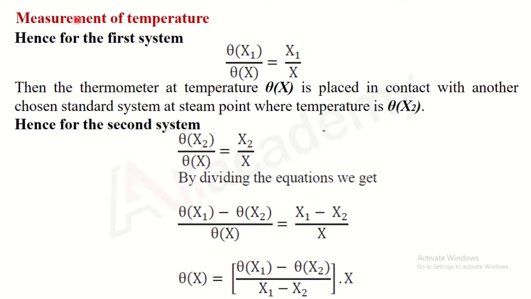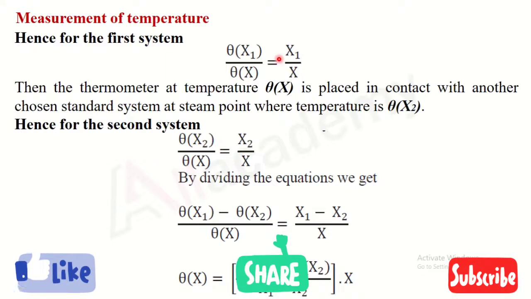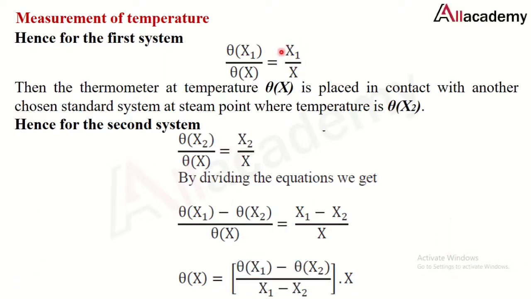For the first system, the thermometer is placed at the unknown temperature, then the same thermometer is placed at a standard fixed point, the ice point. Then we have the equation theta x1 divided by theta x equals x1 divided by x, where x is the thermometric property and x1 is the property at the ice point.